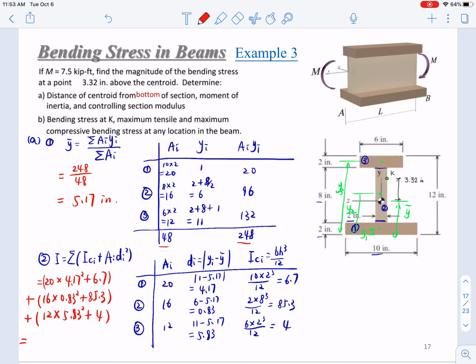The result here would be 862.7 inch to the fourth.